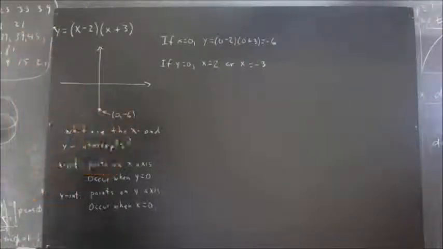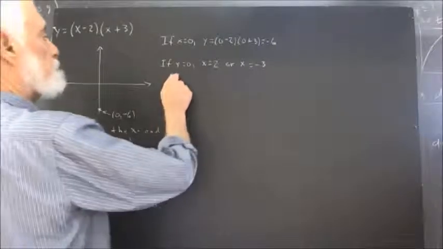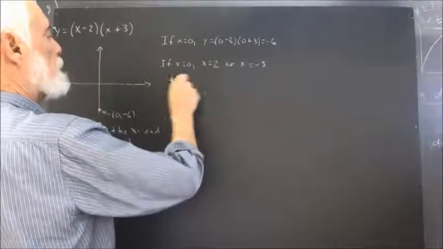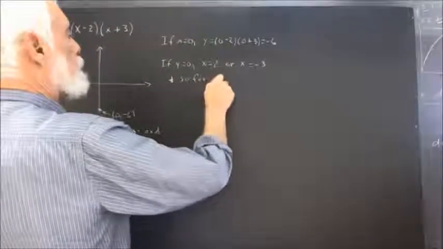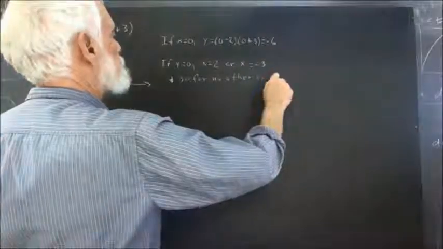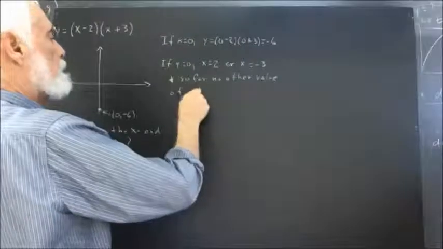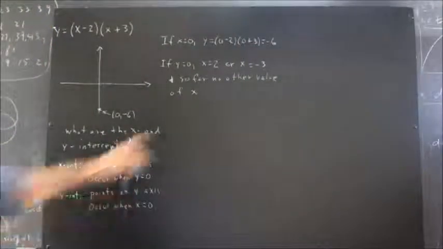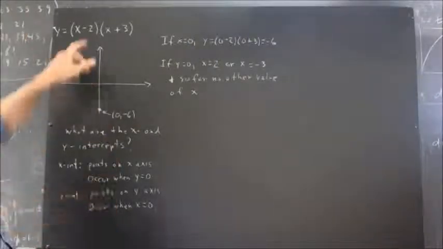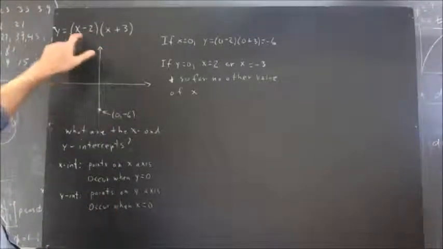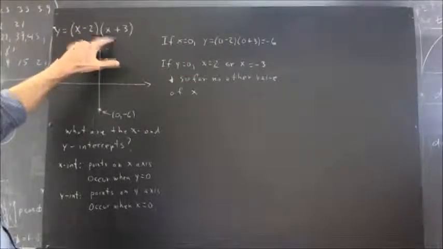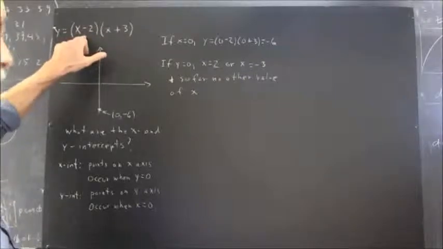Now, the other thing is, this is so for no other value of x. Why is it so for no other value of x? Well, any value other than 2 or negative 3 is going to make both of these numbers, well, neither one of them is going to be 0. If x isn't 2, then this isn't 0.